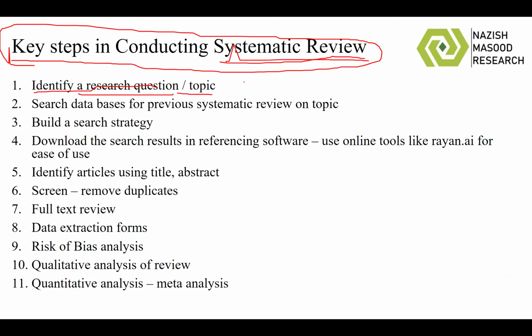The research question and the topic and the objective of systematic review, they follow something called PICOS, which is participant, intervention, control, outcome, and study design. Study design of the included studies. And then in every systematic review, you first go to online databases.